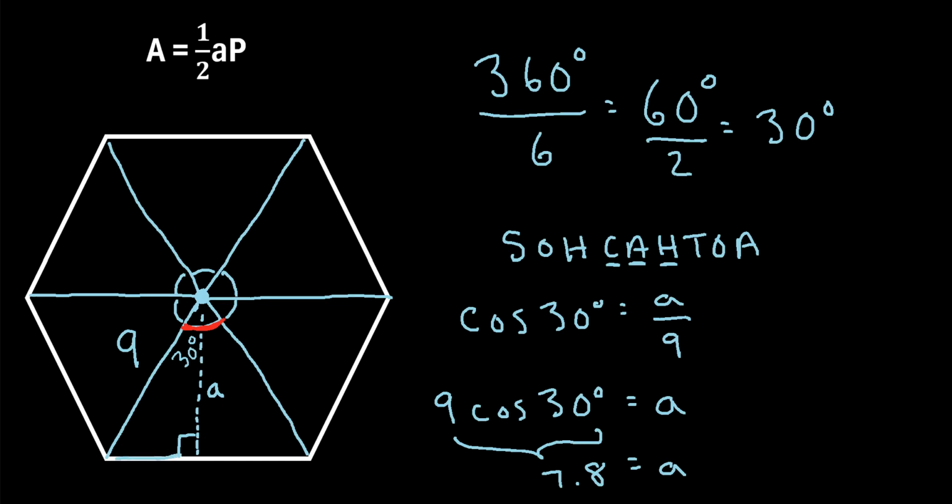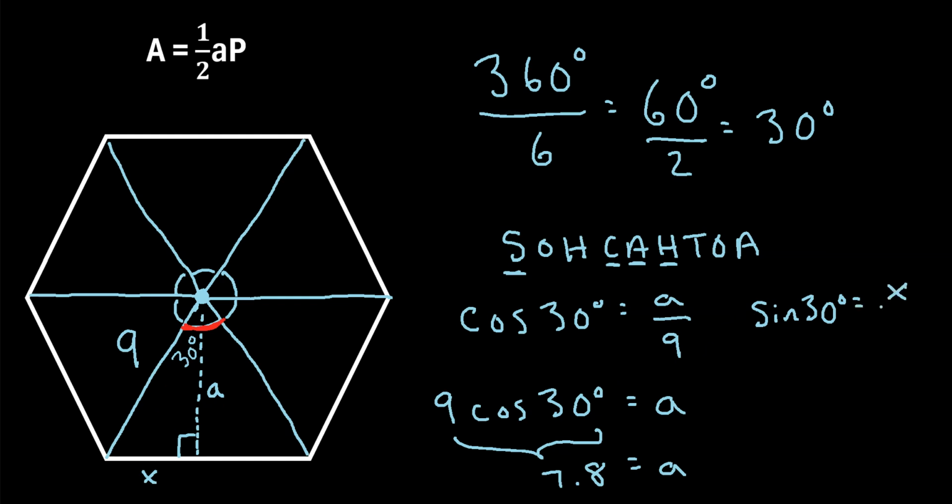Now we just need to find what is this side of the triangle, because once we find this, we can double it to get the side length, and then we can multiply by 6 to get the whole perimeter. So if we call this side length x right here, we can say that the sine of this angle, the sine of 30 degrees, is equal to the opposite over the hypotenuse. So we'll say the sine of 30 degrees is equal to the opposite side of this angle, which is the x right here.